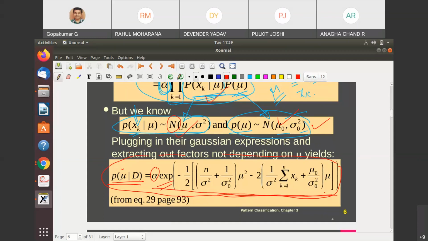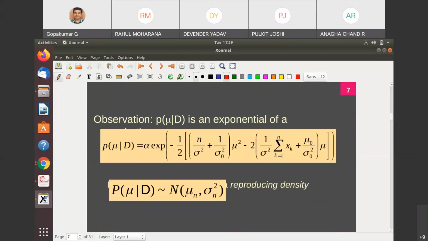If you look into this equation, you can see that it is also a quadratic in mu. That is a mu square. When you take a Gaussian distribution, we have x minus mu the whole square, because you have an exp of this. So usually in a normal distribution you will have x minus mu the whole square, which means you will have a square of the mu value.